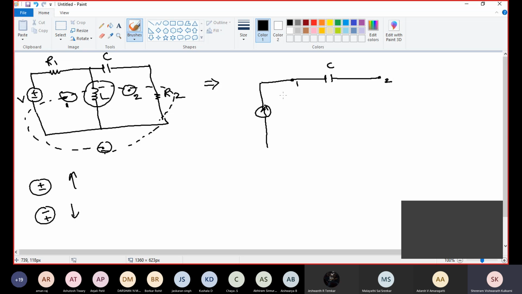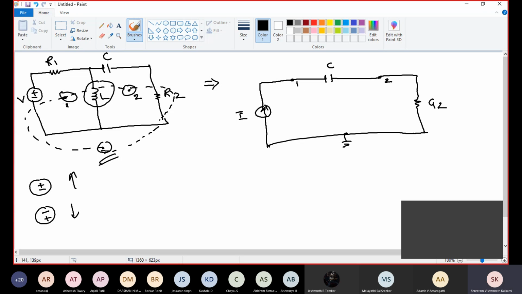Fine. Now next, one more resistance is there with this node 2, that will be replaced with conductance, that is G2. This is current source I. Here this is the reference node.